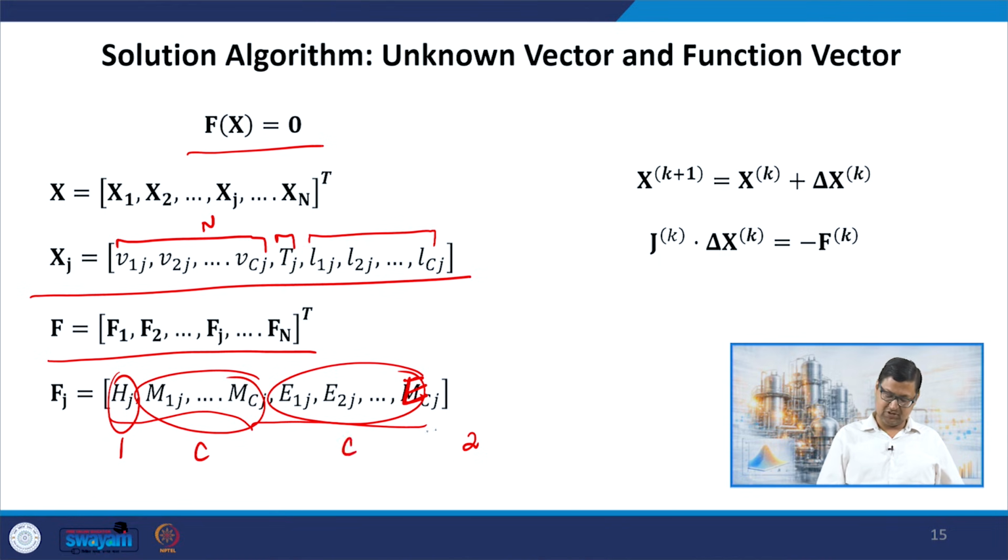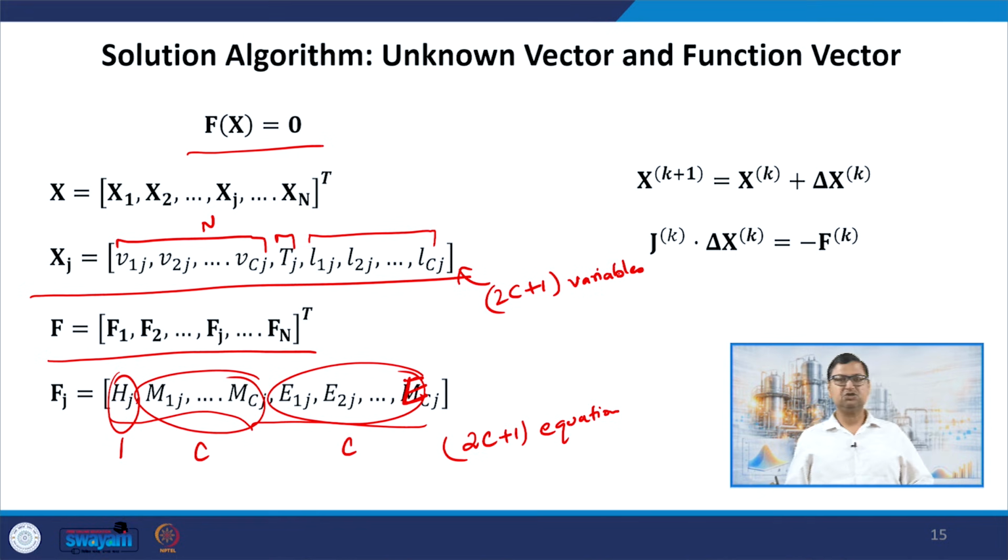total 2C plus 1 equations, and we have 2C plus 1 variables. But these 2C plus 1 equations and 2C plus 1 variables are for a given stage j, right.